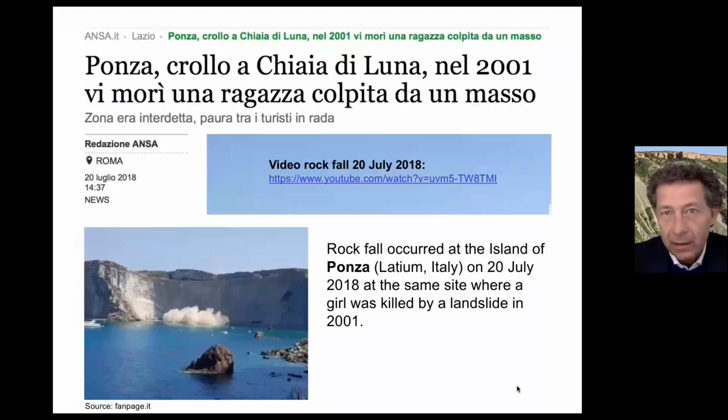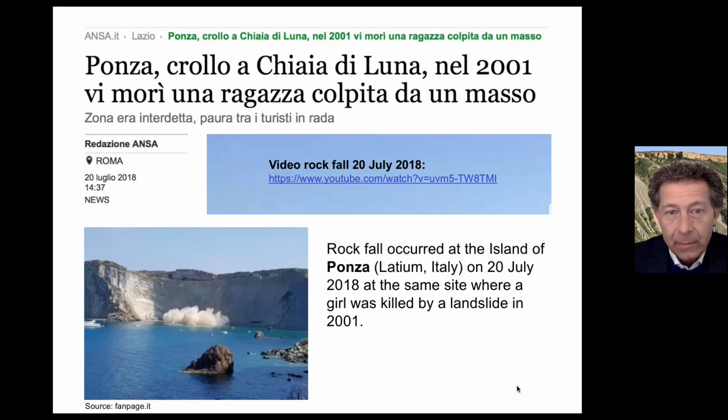Other cases all around the coast of the Mediterranean can be found. I have reported here another link if you would like to see this rockfall taken by an amateur video maker. Of course, the area, as you can see, was kind of dangerous, and its access was restricted.